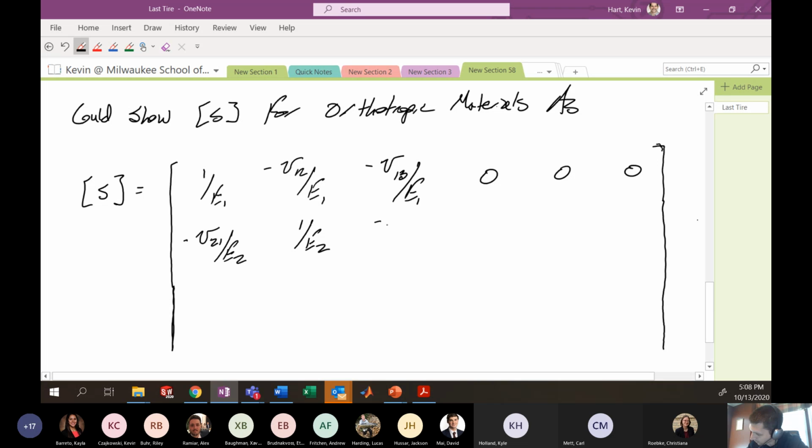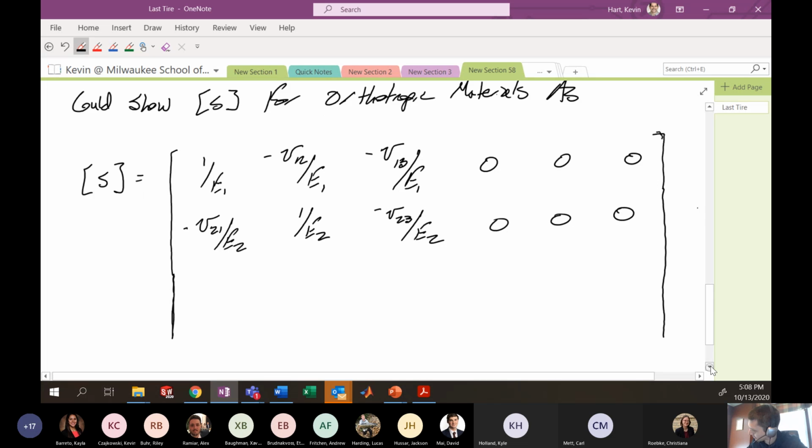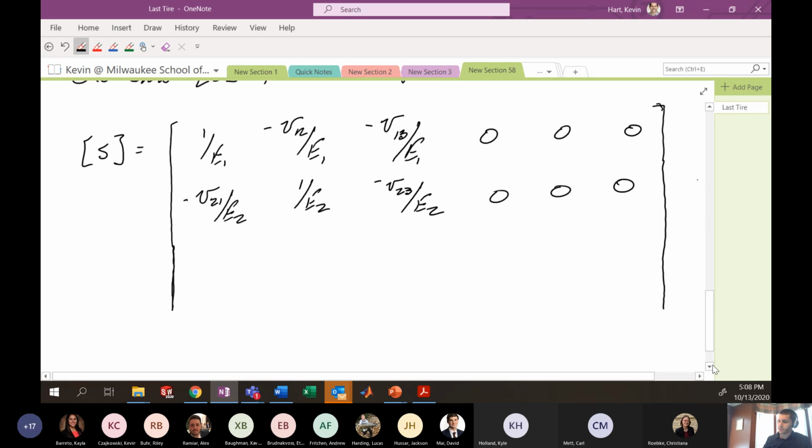Here we have negative nu 2, 3 on E2, 0, 0, 0. That's from running an experiment in the two direction. Continuing, negative nu 3, 1 on E3, negative nu 3, 2 on E3, and 1 on E3, 0, 0, 0.